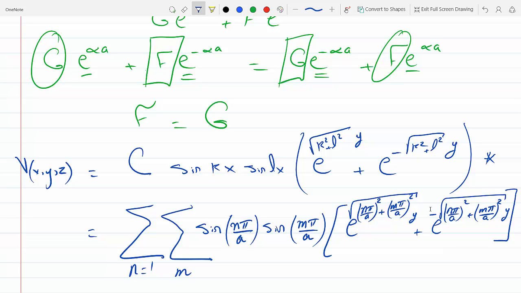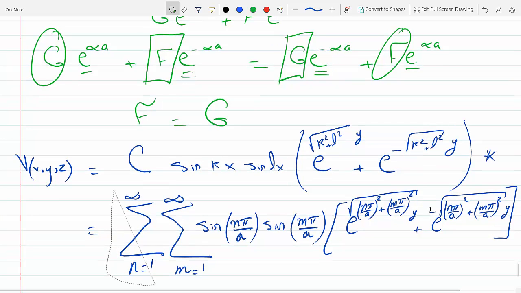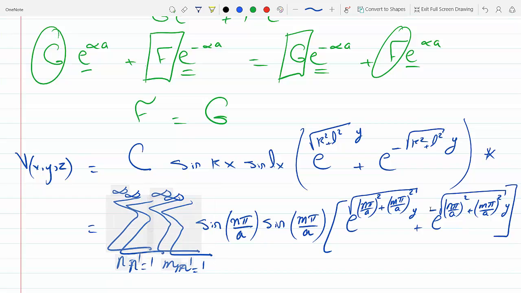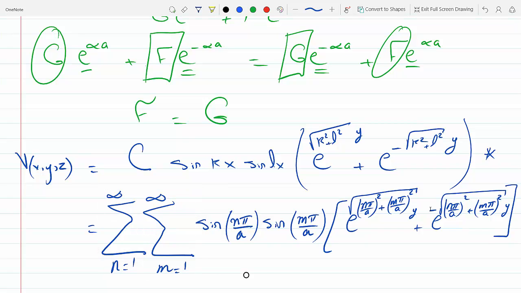So this is from n equals 1 to infinity, m equals 1 to infinity, and then I have my coefficient c n m, all that.